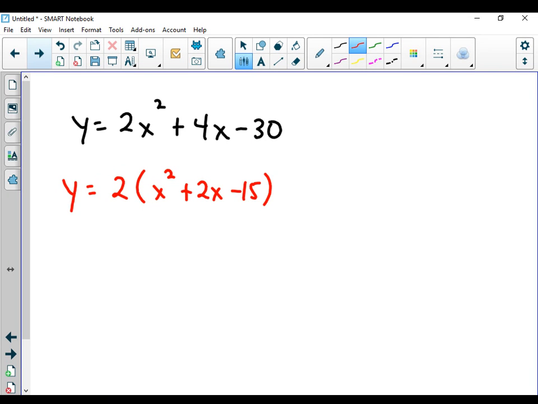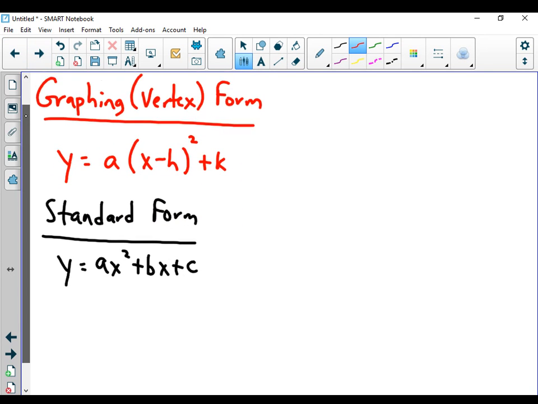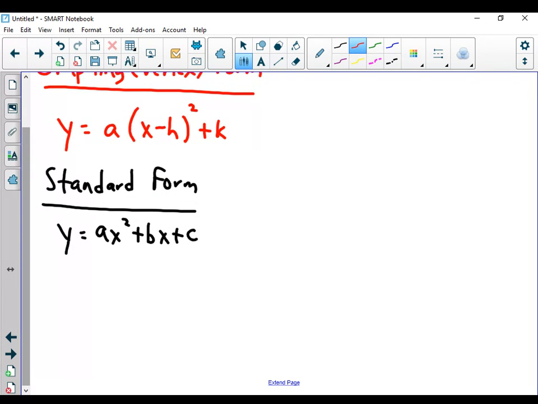Yeah. What can I multiply to get negative 15 but add to get 2? Plus 5 and minus 3. Okay, so I've gotten to here, which actually is a third way that I can write the quadratic.